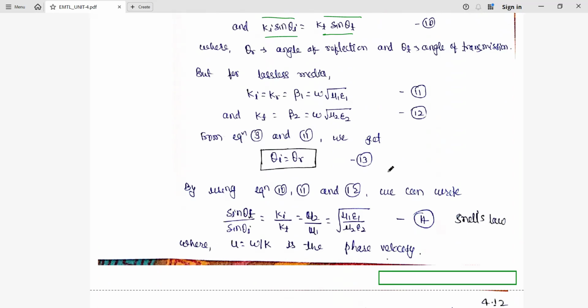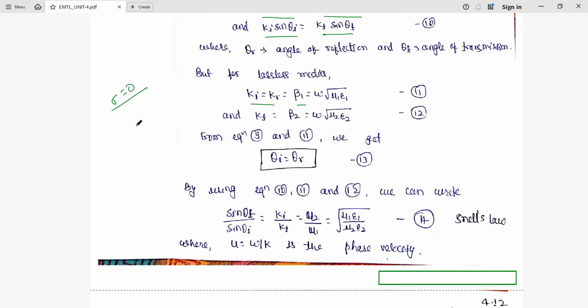In the case of a lossless medium, we have already seen that the propagation vector is equal to beta. So beta 1 equals omega root mu 1 epsilon 1. In a lossless medium, the value of sigma, the conductivity, is 0. Again in medium 2, Kt equals beta 2 equals omega root mu 2 epsilon 2.